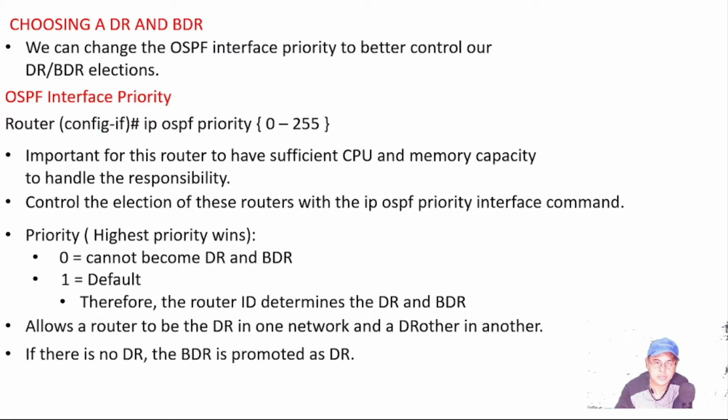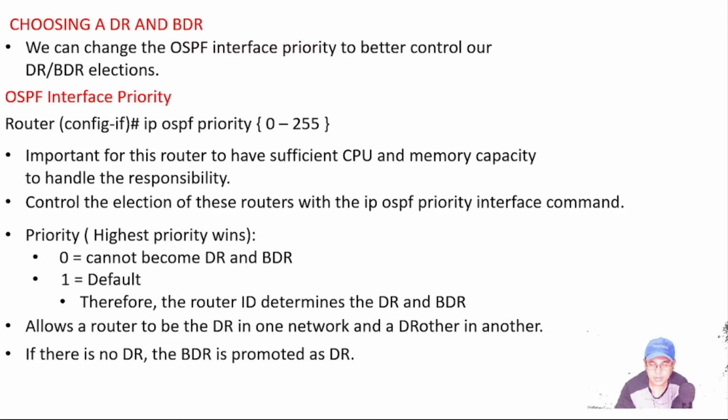The network administrator can manually configure the priority number of a router in order for that router to be elected as DR or BDR using the command IP OSPF priority, and then select the priority number from 0 to 255. 255 is the highest, 0 is the lowest.